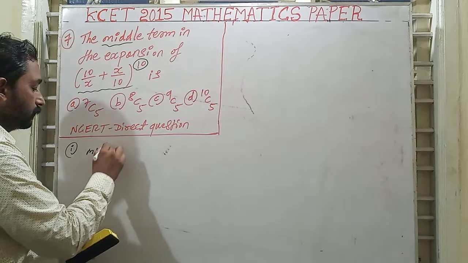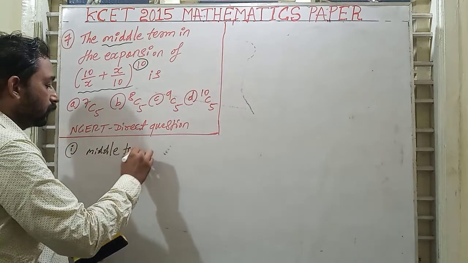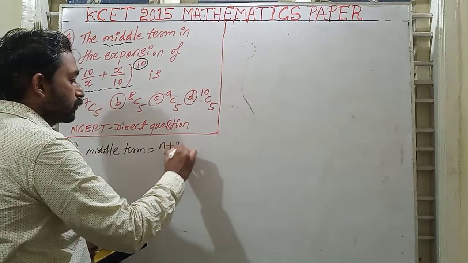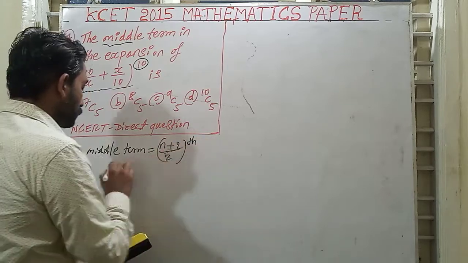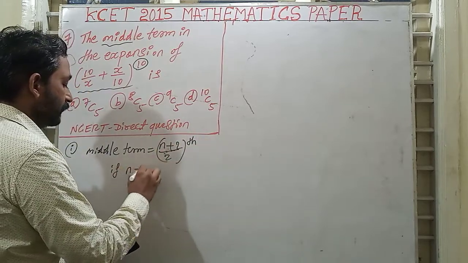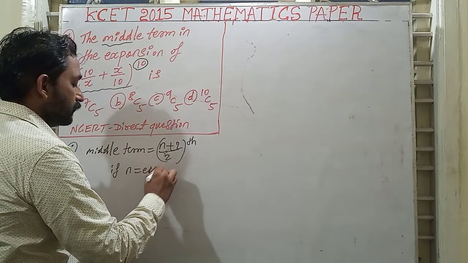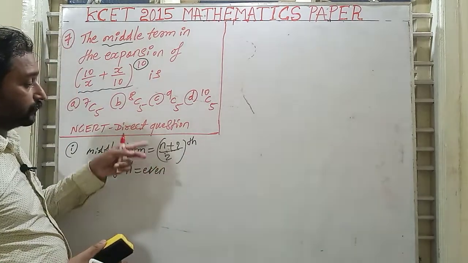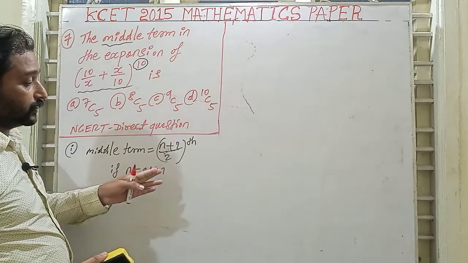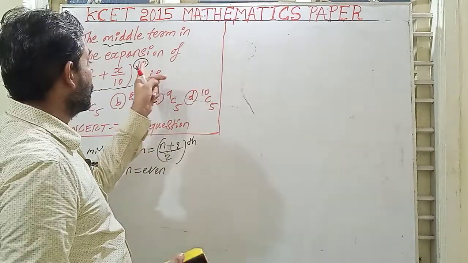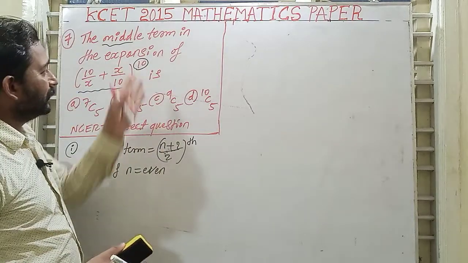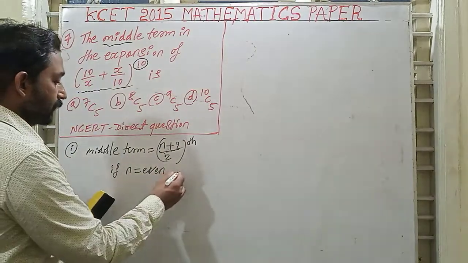The middle term is the (n plus 2) divided by 2 th term if n is even. If the index is odd, two middle terms come: the (n plus 1) by 2 th term and the (n plus 1) by 2 plus 1 th term. Here the index is even, so let us use this formula.